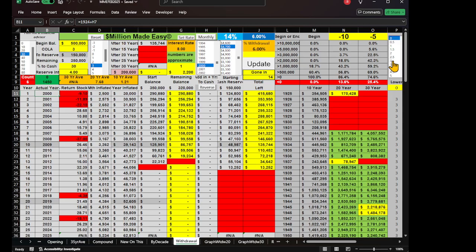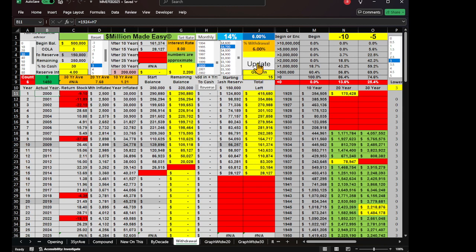If we do the down years, keep it to no COLA for those down years. Then we're going to run the numbers again because we want to do apples to apples here, comparing a 5% withdrawal rate, or was 5.52, to a 6% withdrawal rate. You're getting a little bit high there.